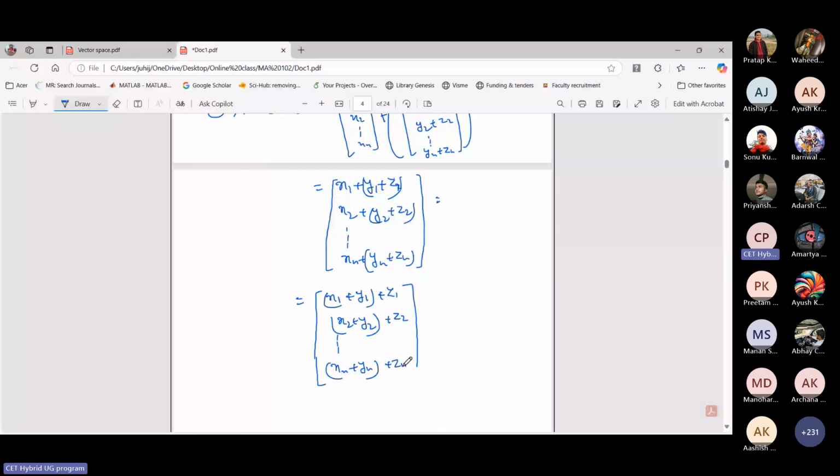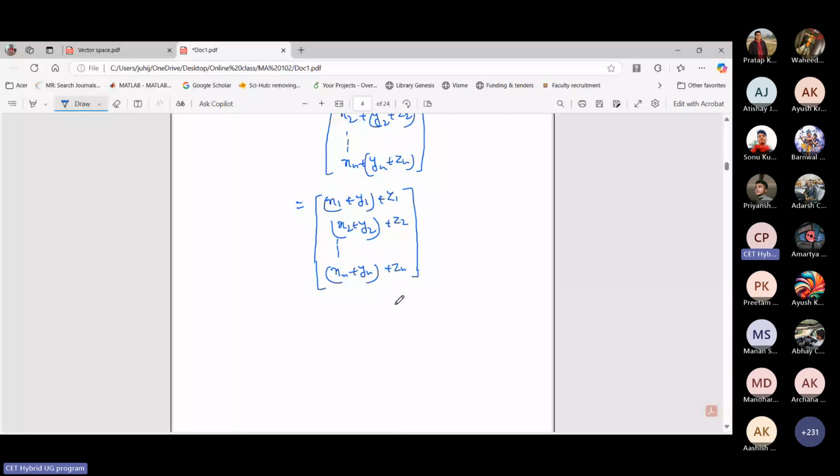Now this quantity, can I take z1, z2, zn outside? Will this be equal to x1 plus y1, x2 plus y2, xn plus yn, plus z1, z2 up to zn?